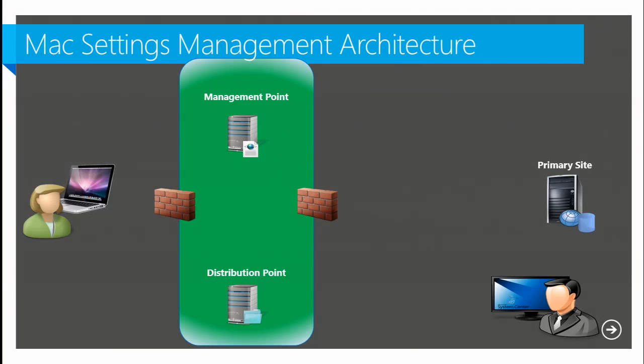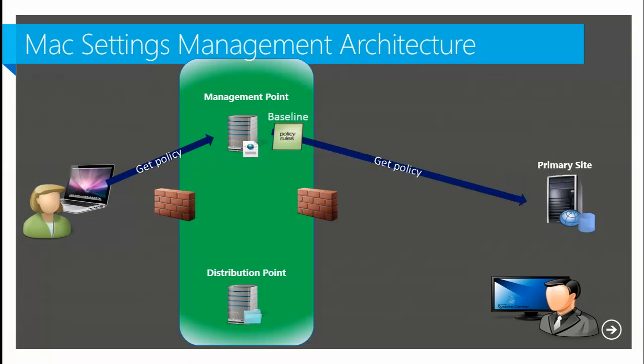But for ongoing management, we're going to continue communicating with the management point and the distribution points that have been set up to allow Mac clients to communicate over HTTPS. So as the administrator, you're going to create your configuration items, your configuration baselines, and then you take your baseline and you assign it to or deploy it to a collection.